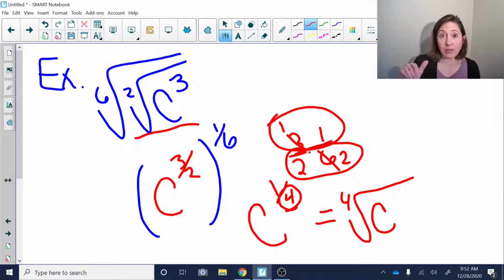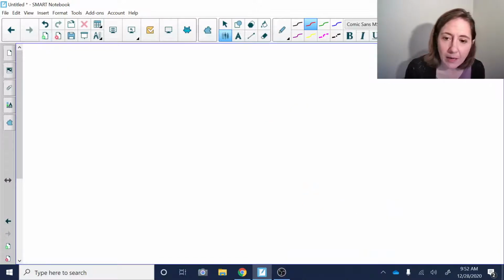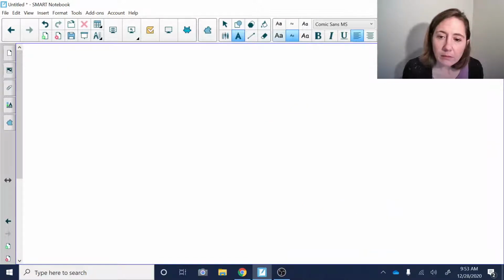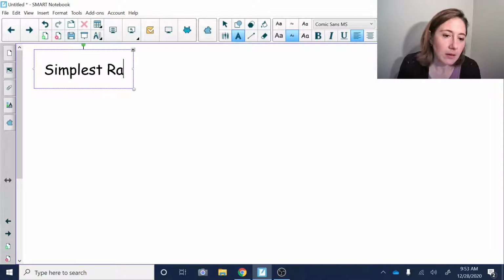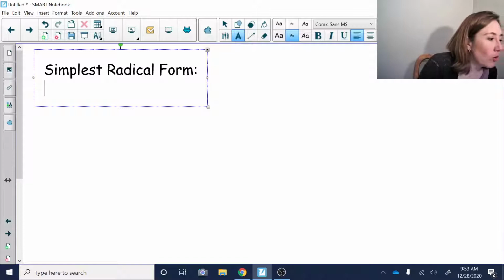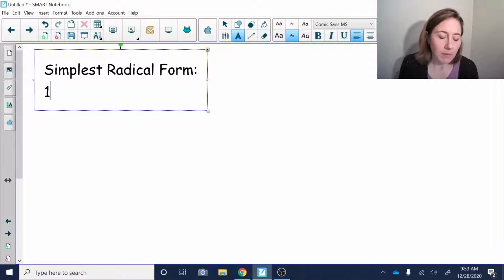When we have answers and we put them in radical form, we want to put them in what we call simplest radical form. So let's talk about simplest radical form for a minute here. Some rules for simplest radical form.